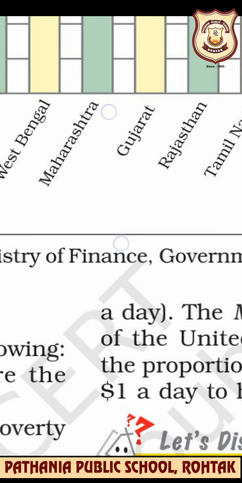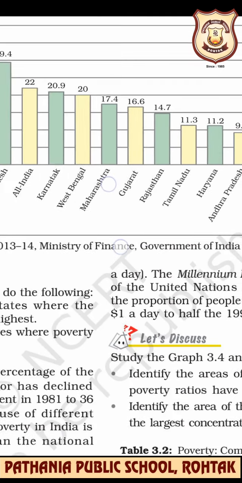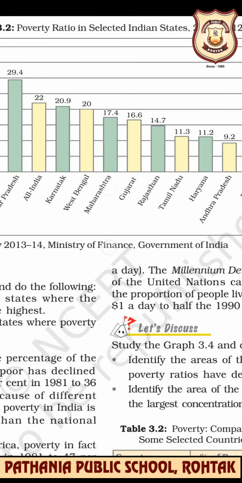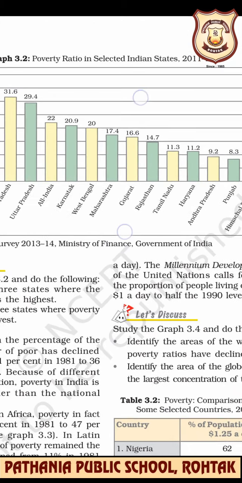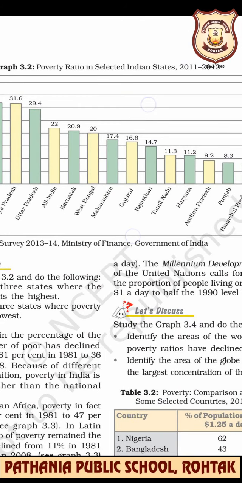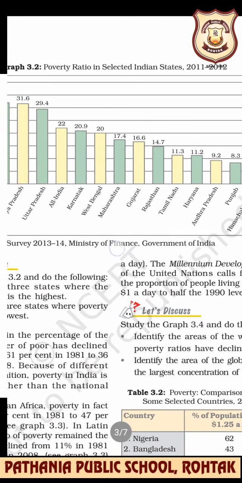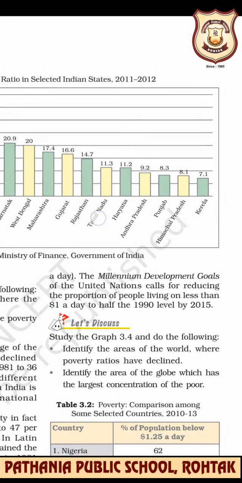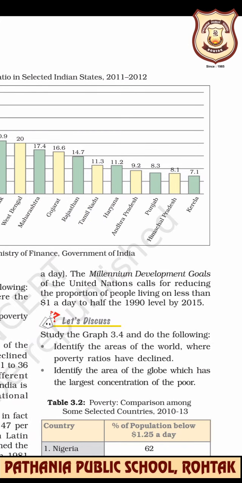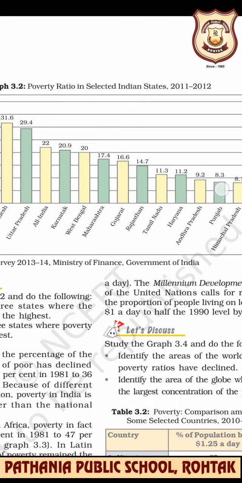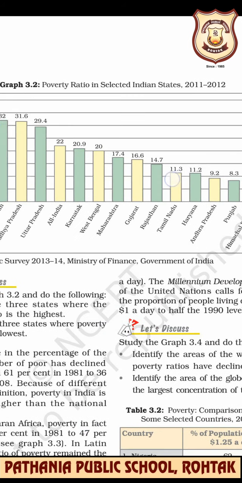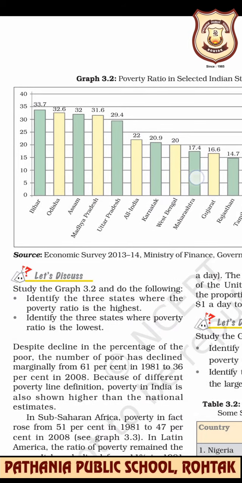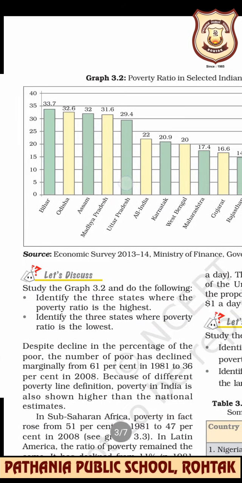And if we see Kerala, Himachal Pradesh, Punjab, Andhra Pradesh, Haryana, Tamil Nadu, Rajasthan, Gujarat, Maharashtra, West Bengal and Karnataka, all these states are below the poverty level. It means all these states are at a good level compared with the poverty line of India. But these states, Uttar Pradesh, Madhya Pradesh, Assam, Odisha and Bihar, have a poverty level higher than the average rate. That is why these states come under the poorest states.